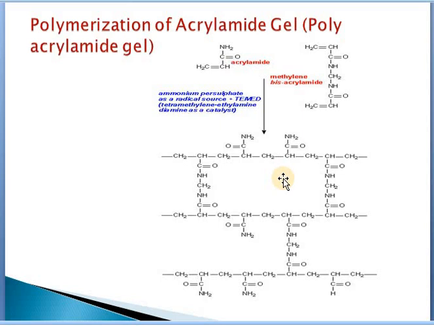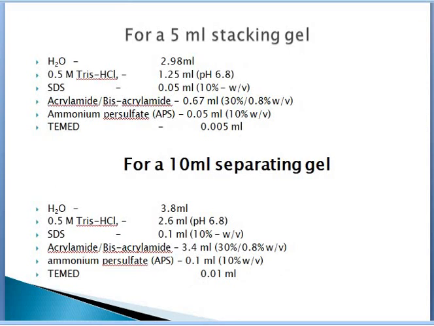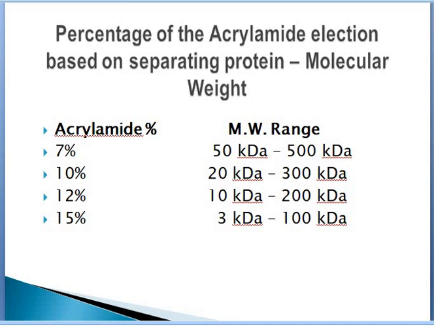So, how shall we make this concentration proportionate? That will be explained in the following chart. In polyacrylamide gel preparation, we are using 7% to 15%. Usually for a molecule in the range of 50 to 500 kilodaltons, the suitable gel percentage is 7%.